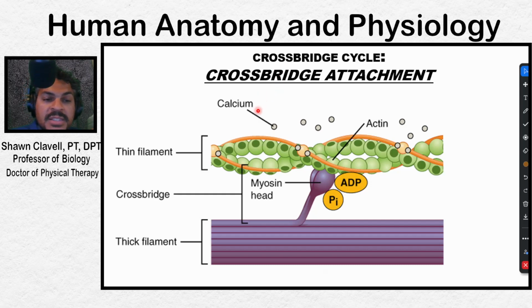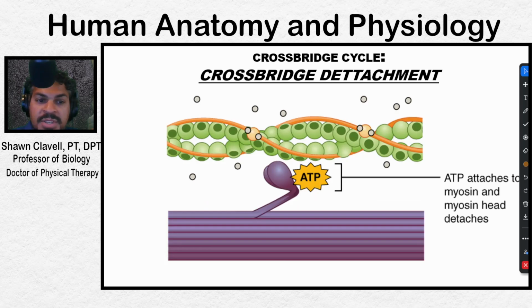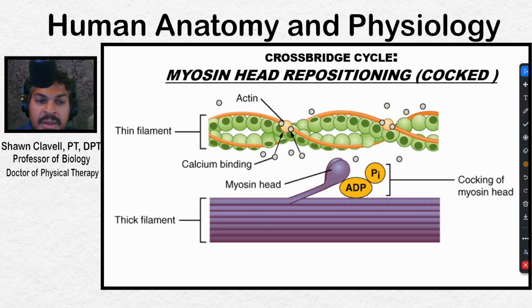It'll then cause a change in shape of the tropomyosin, allowing actin to bind to myosin. Now, the next thing that happens is the power stroke, because as you'll see in the next phase, the energy is used to detach and then put the myosin in the high energy position, or the cocked position, as it might be called sometimes.